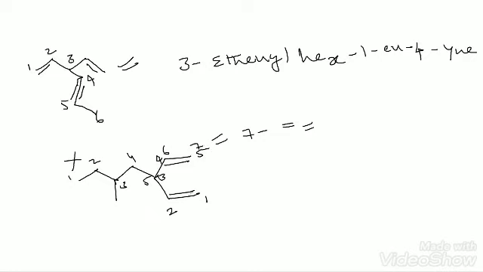So yes, this is your parent chain, and we have a substitution at the third position. So this is the first carbon, second carbon, third carbon, fourth carbon. At the third position we have a substitution. So that's why I'm taking 3.